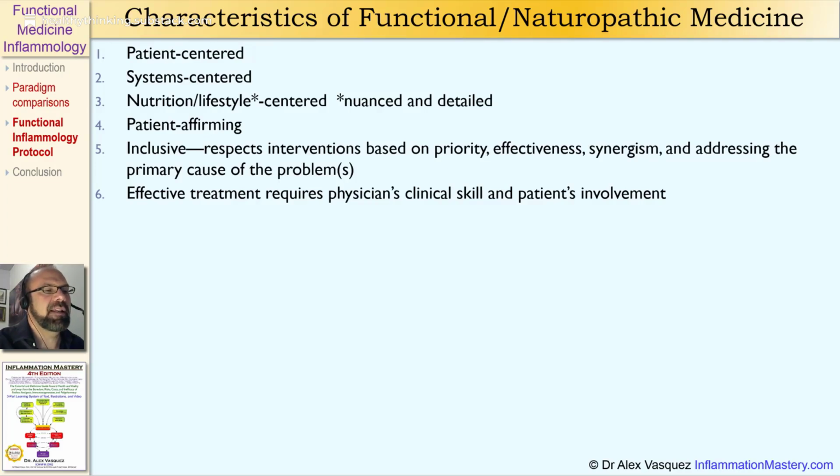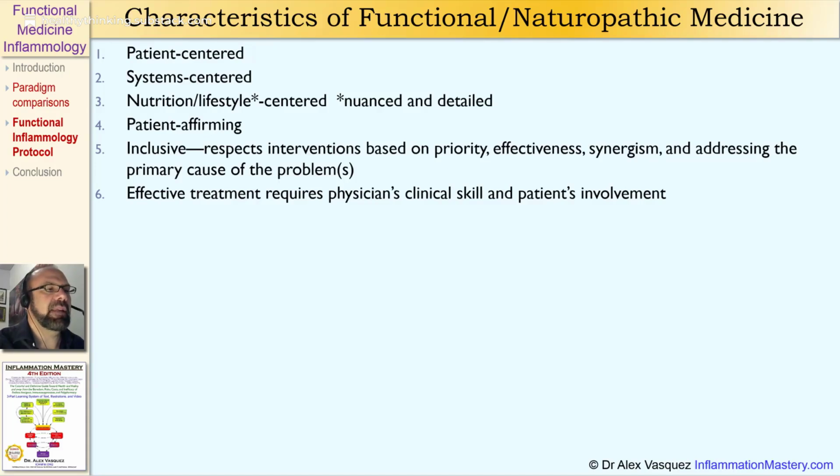However, we need to appreciate that the acute management of those acute crises, such as hypertension and hyperglycemia, needs to be different from the chronic long-term management of those conditions, especially if we're going to actually try to cure the condition rather than medicate it for the duration of the patient's lifetime.